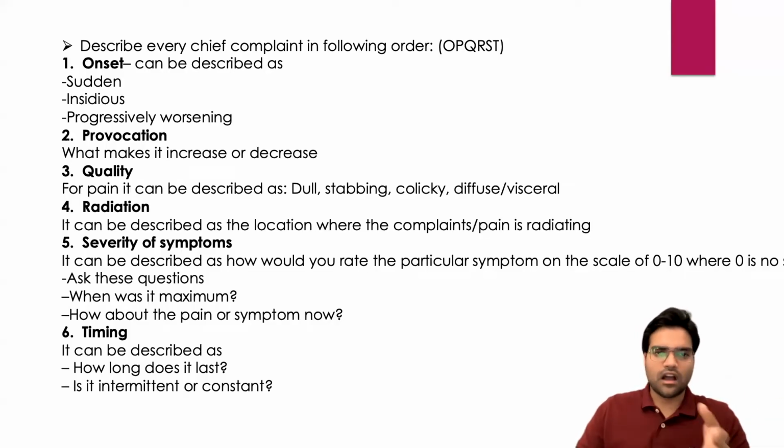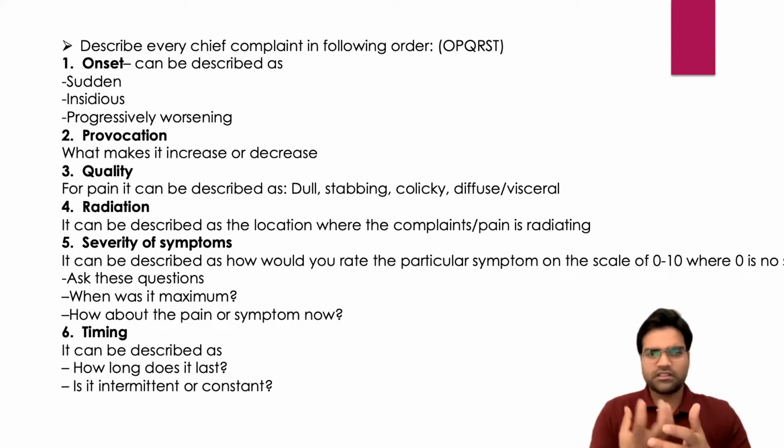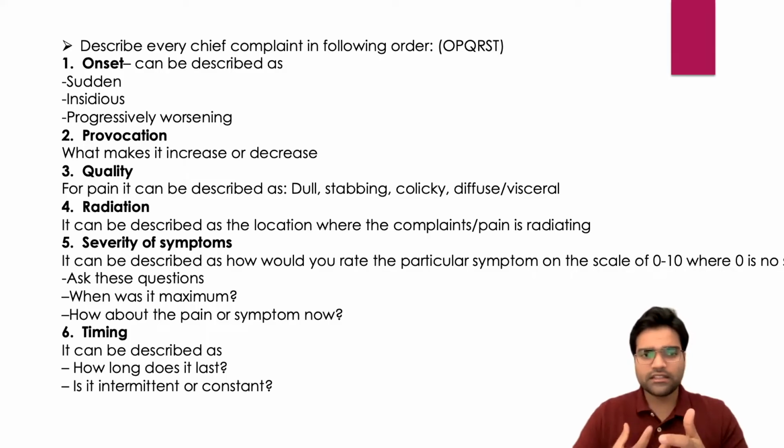Then the quality. How was the pain? The chest pain can be dull, stabbing, or colicky. Colicky is diffuse visceral abdominal pain. For chest pain, usually people say the quality is like somebody is squeezing inside the chest, or like somebody is sitting on their chest.